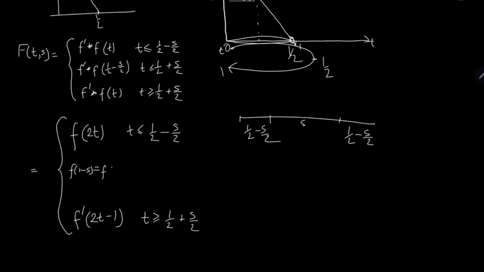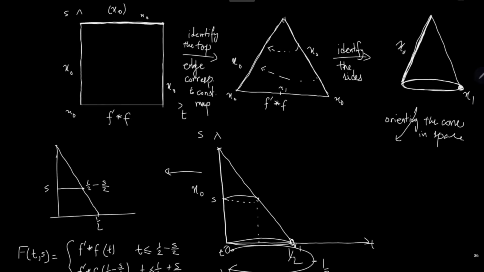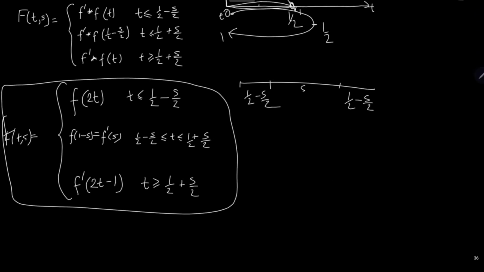So putting it there, that would be just equal to f of s, f dash of s, for the time that t is between half minus s by 2 and half plus s by 2. So this is half minus s by 2 less than or equal to t less than or equal to half plus s by 2. So this is the definition of the homotopy. So we define the homotopy by this definition.